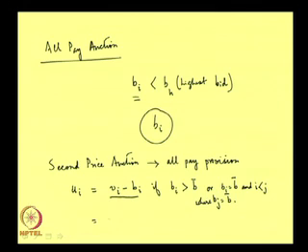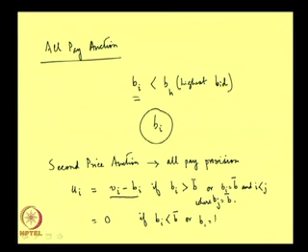And it may happen that I do not get the object, in which case I get 0. This happens if B_I is less than B bar, that is, my bid is less than the highest bid of the other players, or my bid is the same as the highest bid of the other players but my index is more than the indexes of those players who are bidding the highest.